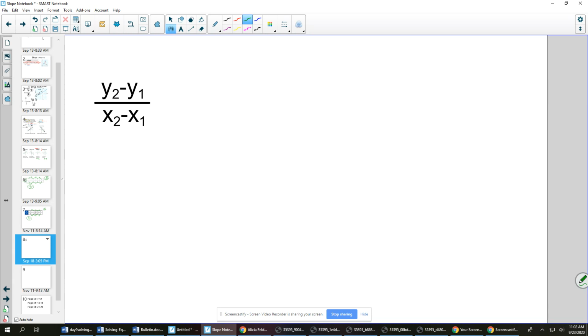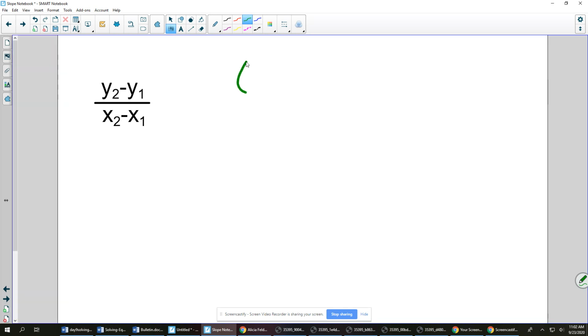So if it says, find the slope between these two points, say I had the points (10, 4) and (4, 15). It's going to say find the slope of the line that goes through these two points. There are a couple things you can do.